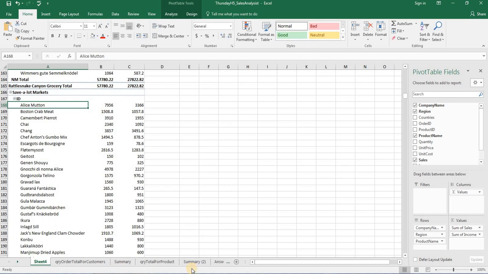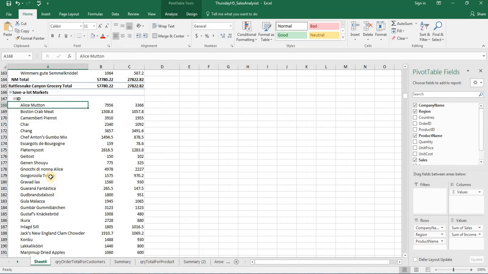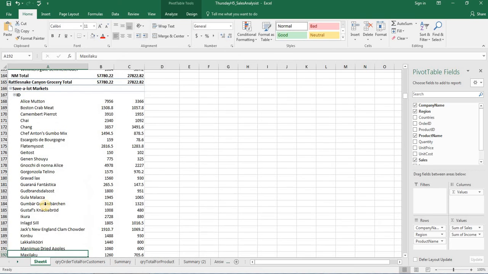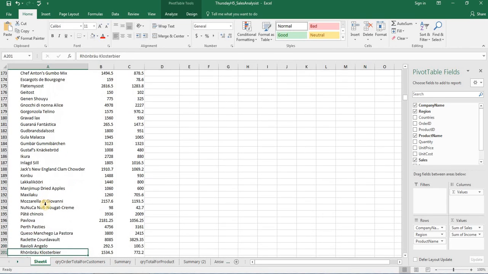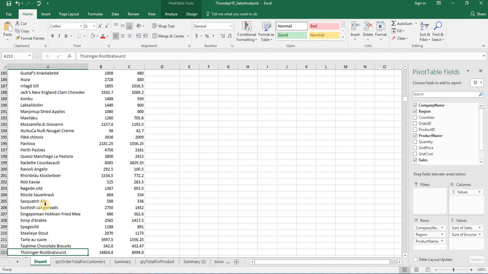I want to see where this product over here that is killing it in Indiana is. I want to find it somewhere in here so I can figure out what is going on with it. And there.